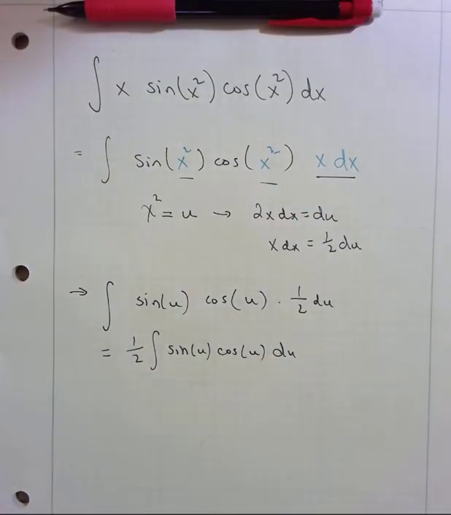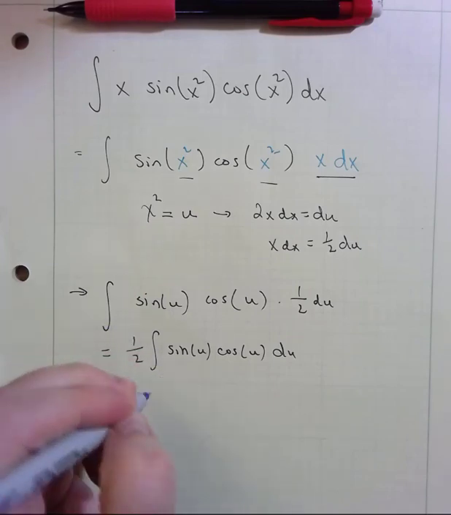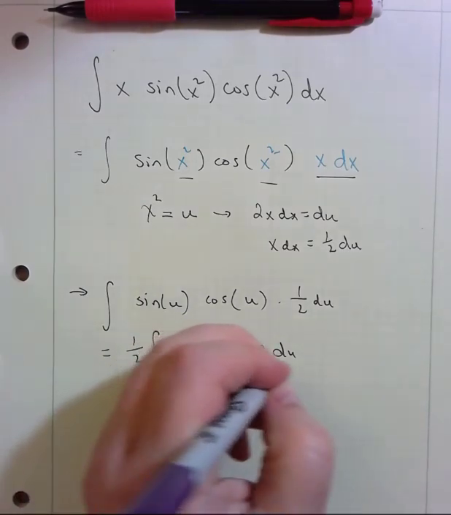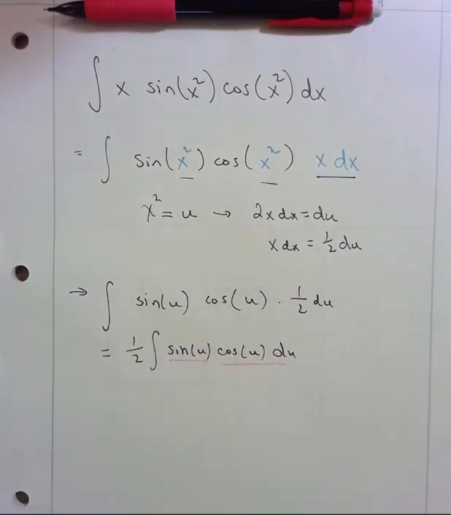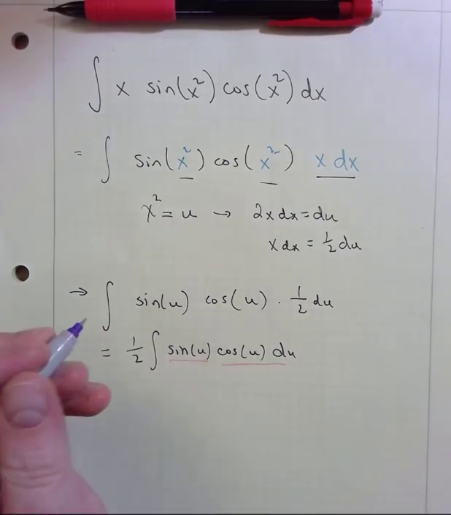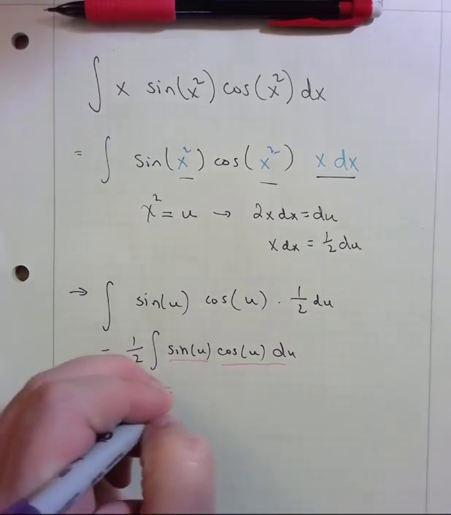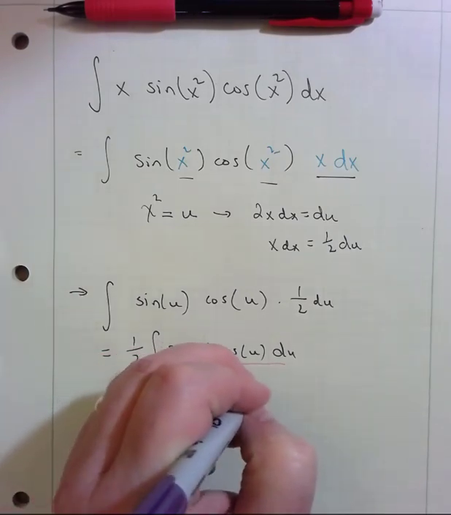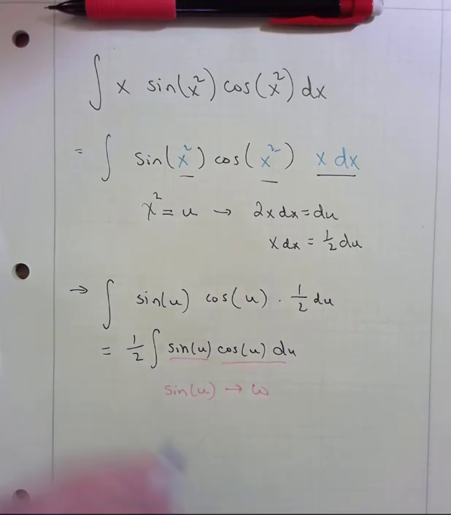Because, for example, if we look at this as our substitution, this is its derivative. In other words, we can't use u for our letter of substitution anymore, so let's say we're going to take this sine of u and send that to this new variable called w.